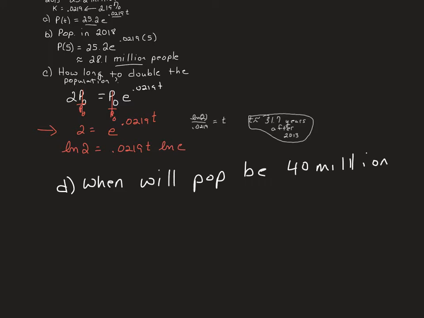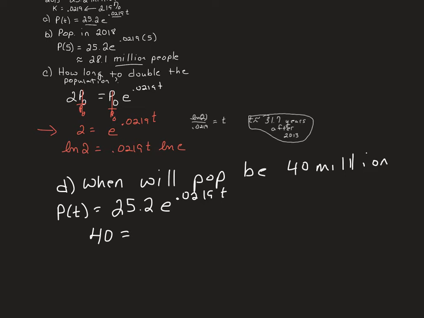Well, we have our function that was P of t equals, what was it, 25.2 e to the 0.0219t. So I want to know, when is this going to be equal to 40 million?